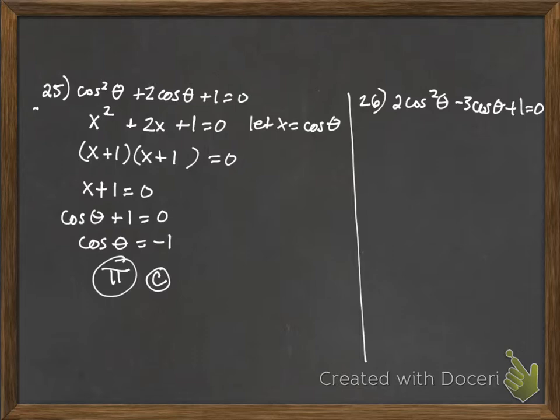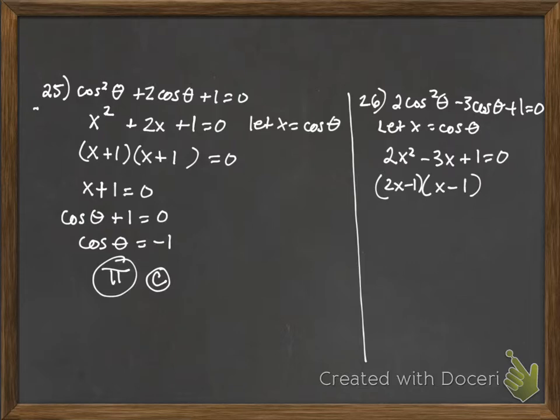Okay, so once again, let x equal cosine theta. So if I do that, I get 2x squared minus 3x plus 1 equals 0. Factoring that out, I get 2x minus 1 times x minus 1 equals 0. Now, I have 2x minus 1 equals 0, and I have x minus 1 equals 0.